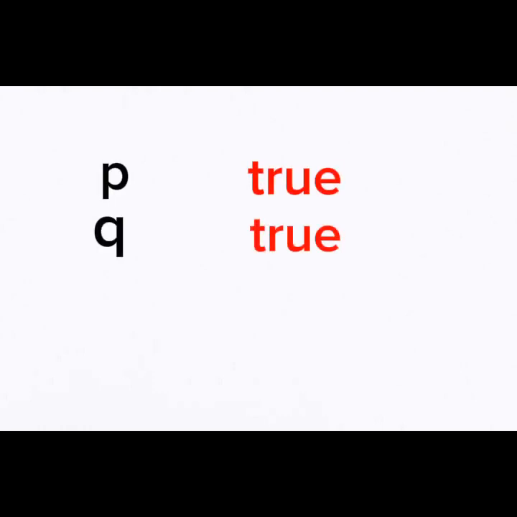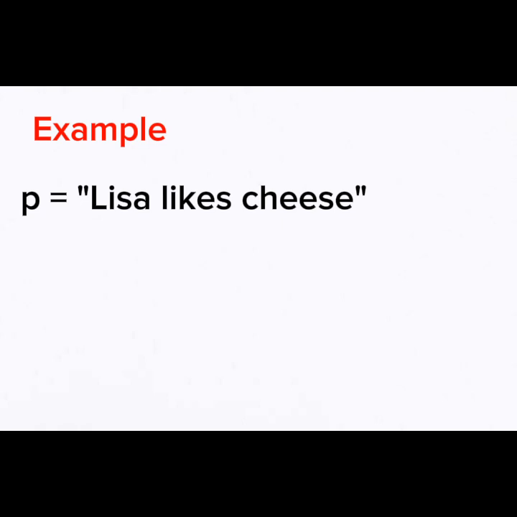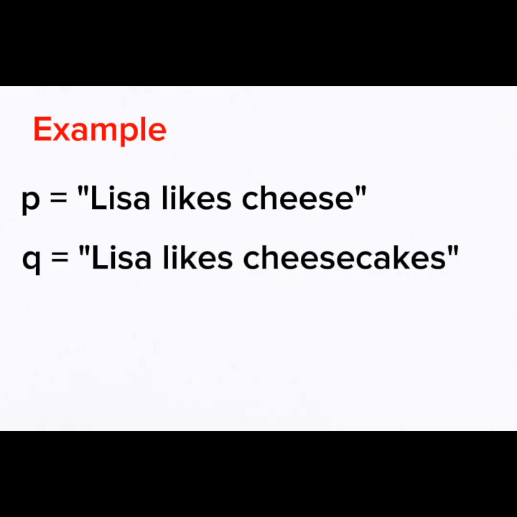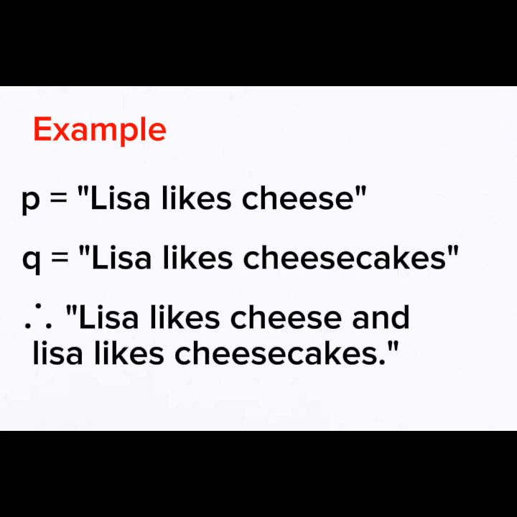In addition, if we have two sentences that are true, we can join the two together using a conjunction. Conjunction allows you to build a statement. So if P is true and Q is true, then P and Q must be true. For example, P is Lisa likes cheese and Q is Lisa likes cheesecake. So you can conclude that Lisa likes cheese and Lisa likes cheesecake.